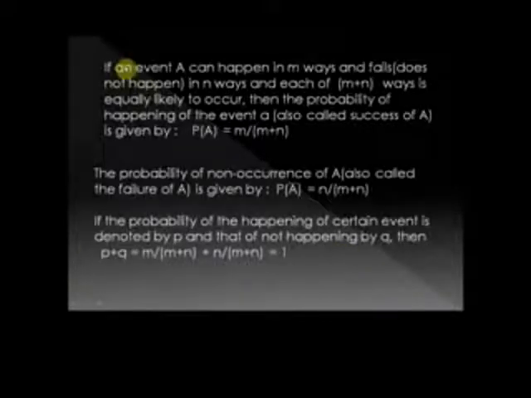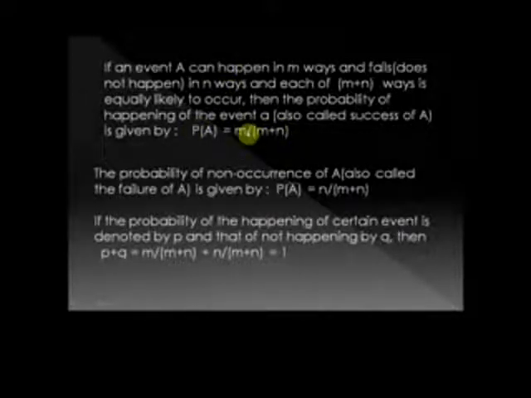Now, if an event A can happen in m number of ways and it fails, that is, it does not happen in n number of ways, and each of these m plus n ways is equally likely to occur, then the probability of happening of the event A, also called the success of A, is given by P(A) equal to m divided by (m plus n).